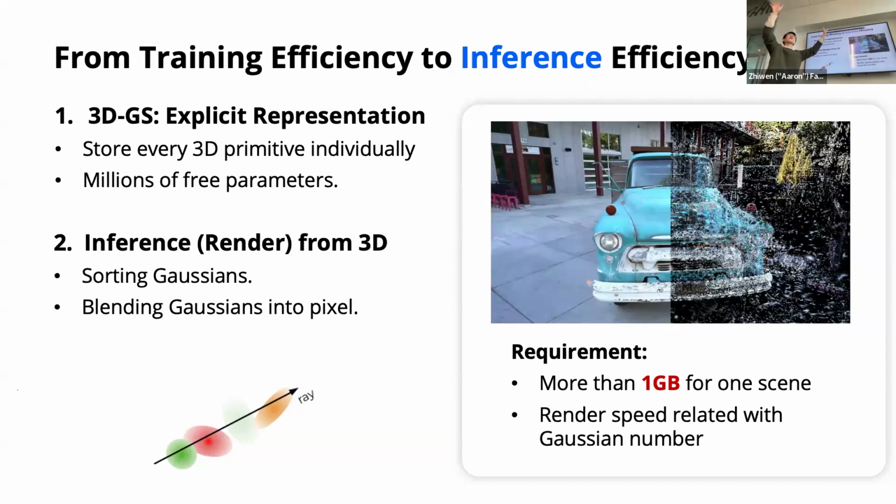If we use 3D Gaussians to model the environment, we place millions of primitives, and for each primitive we have to store it explicitly. In this way, we need more than 1 gigabyte for even just one scene. And it will also affect the rendering speed if we directly deploy the trained model into the headset.